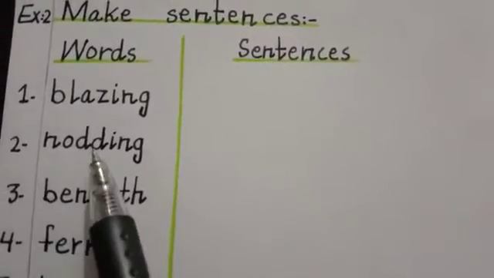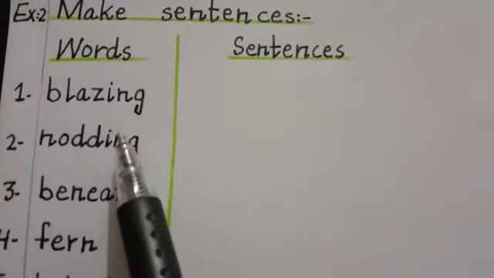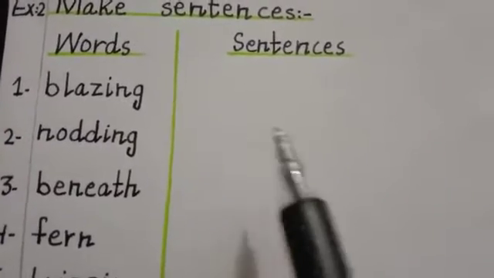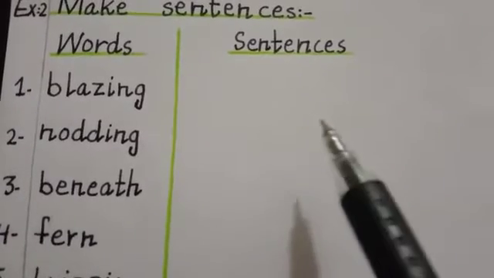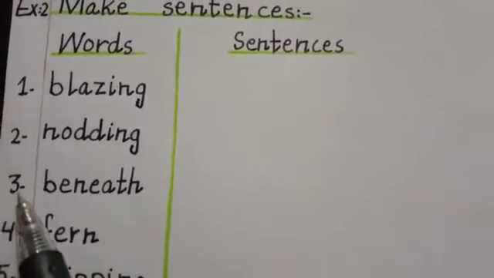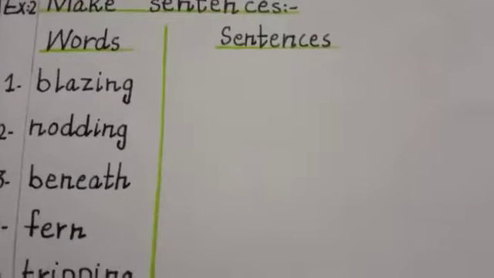Your second word is nodding. Nodding means movement of head. The man was nodding. You can make another sentence of nodding. Third word is beneath. The cat was hidden beneath a bed. Your fourth word is fan.